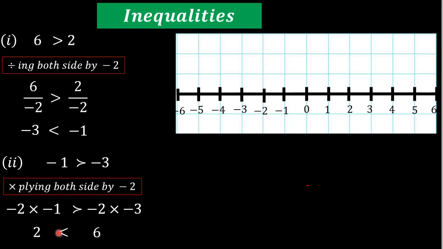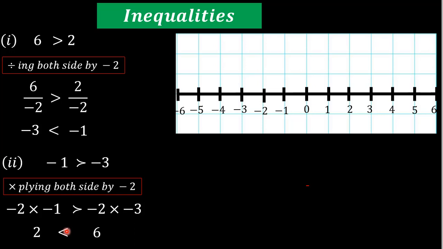So 2 is lesser than 6, which is now a true statement. Else, if I don't change the sign, the statement becomes a false statement, which will falter us and we may lose marks in solving the question.